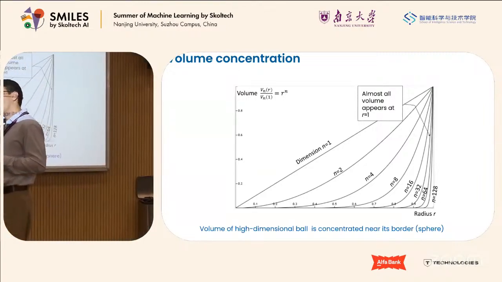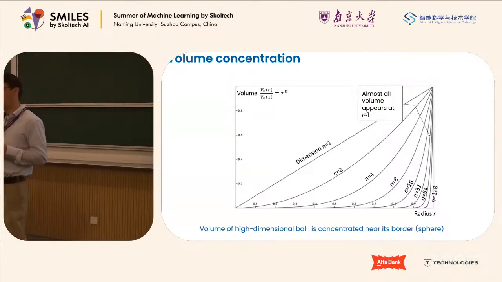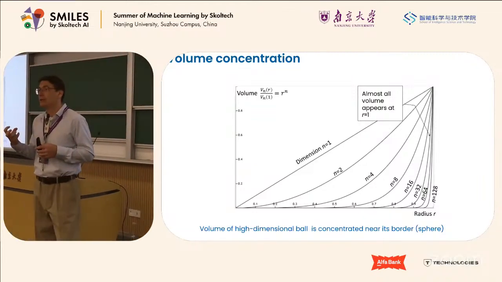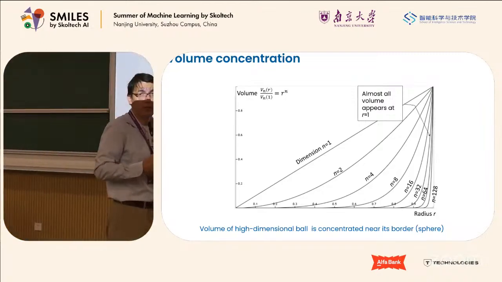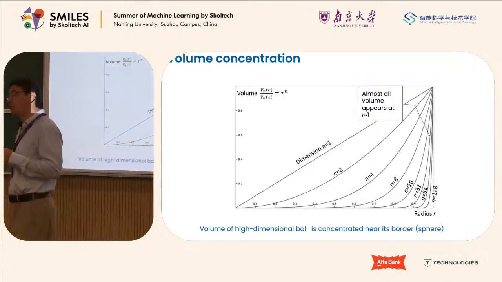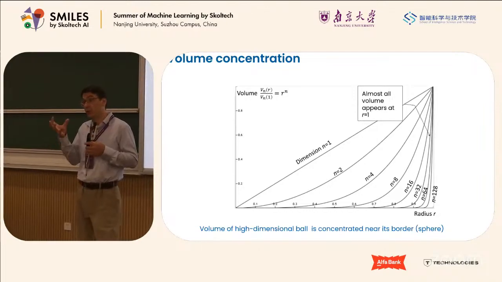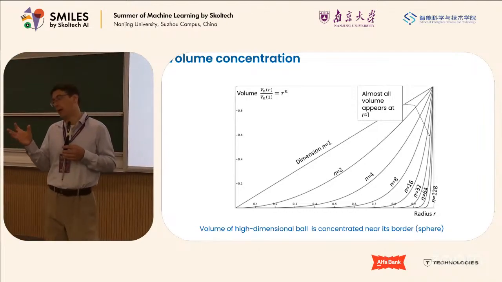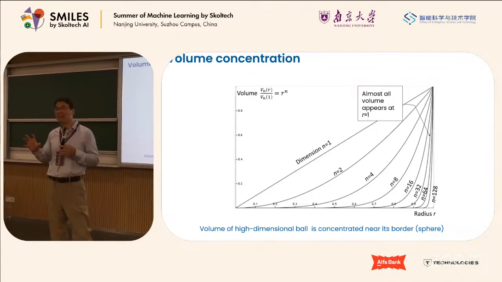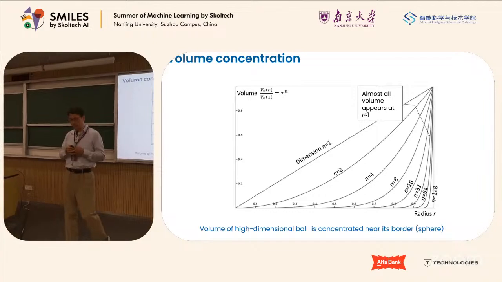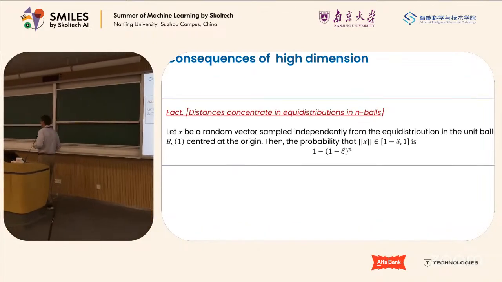What this picture illustrates, and it's one of the easiest ways to see what I'm going to talk about next, is that in high dimension, if you were to sample points from the equidistribution in a unit ball, all the points concentrate near the outer shell of the ball, meaning that all the distances become nearly identical, nearly the same. This is what I try to formally state in this fact.